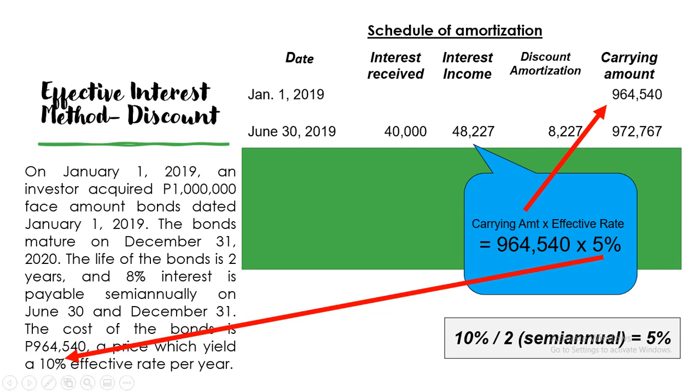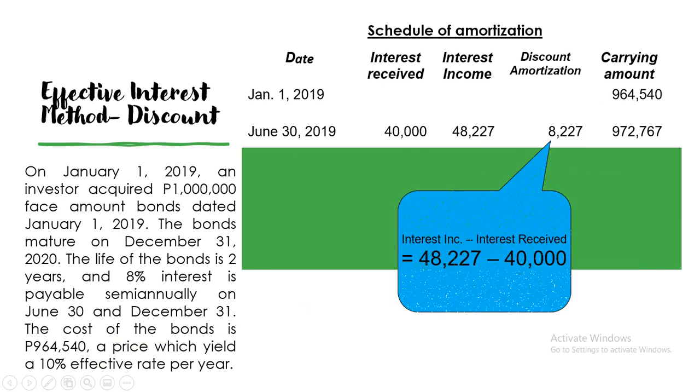Then to compute the discount amortization, the amortization is just the difference between the interest income and the interest received. The interest income is 48,227, and the interest received is 40,000. So it has a discount amortization of 8,227.